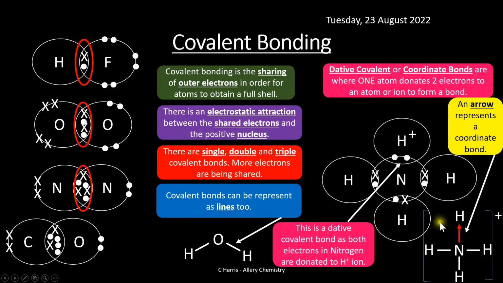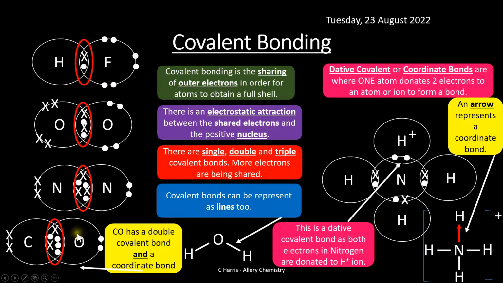So if you had to draw this out as a diagram, as you can see there, you've got your nitrogen with your 3 bonds either side, and you've got this arrow here which represents that the electrons are part of the nitrogen atom, and they're being donated to hydrogen in a shared way, and we call that a coordinate bond. Okay, so effectively you form NH4+, and that's an ammonium ion, which you will have seen in topic 2.